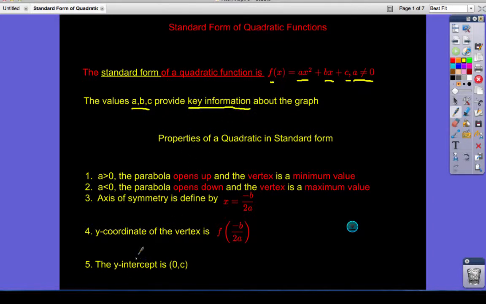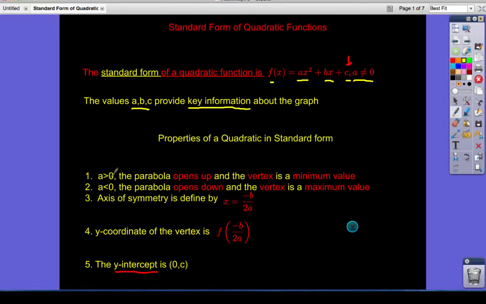For example, the y-intercept is 0c. That's a major feature, so this equation can tell us the y-intercept right off the bat. Standard form is different than vertex form. It doesn't tell you the vertex at first, but it still has some key features, and that's what we're going to focus on.